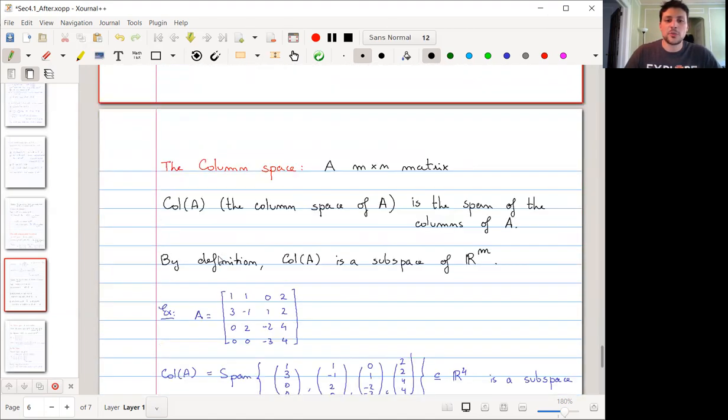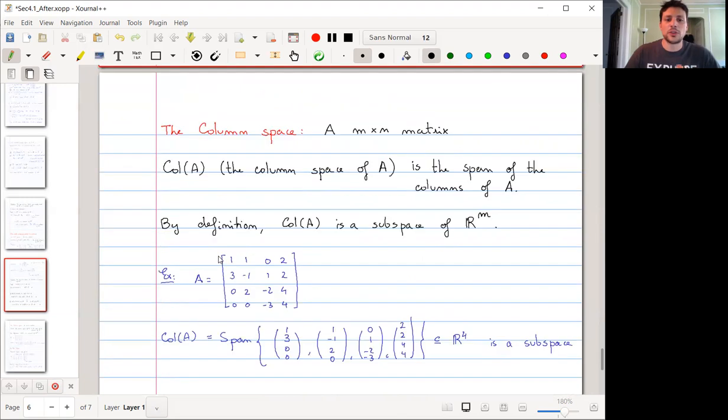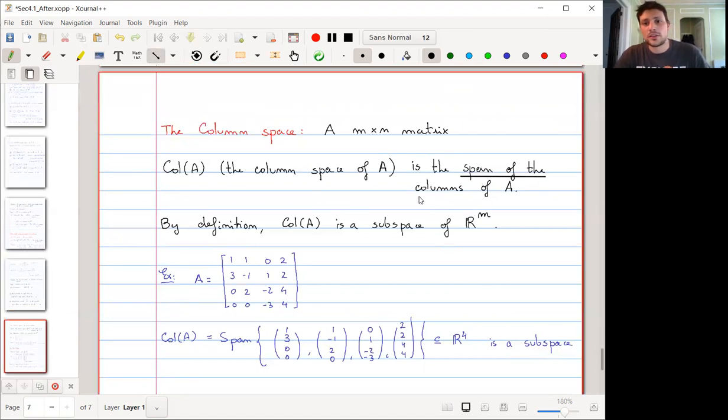The next space that I want to point your attention to is called the column space. Given again the same matrix A, m by n, the column space is defined as the span of the columns of A. So we don't need to prove anything because by definition, the column space is the span of some vectors, and therefore it is a subspace of Rm.